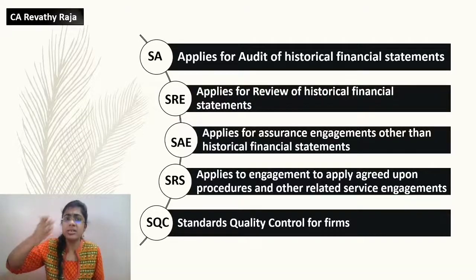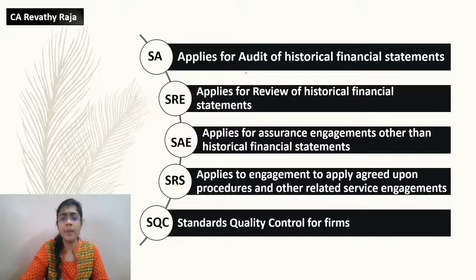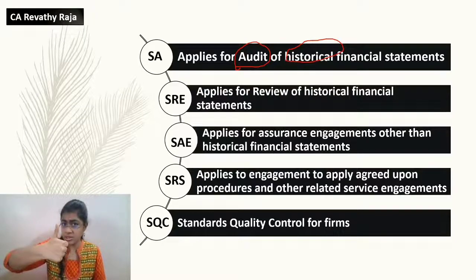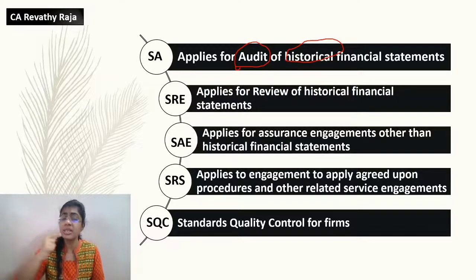So these standards SA have to be applied while you are performing the audit of what? Audit of historical financial statements. So SA has to be applied in audit of historical financial statements where you will be giving a reasonable assurance. So to conclude, SA is applied in case of audit of historical financial statements or information where you will be giving reasonable assurance. That is SA.